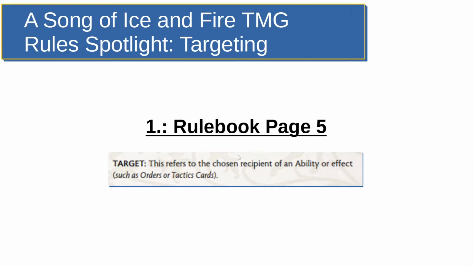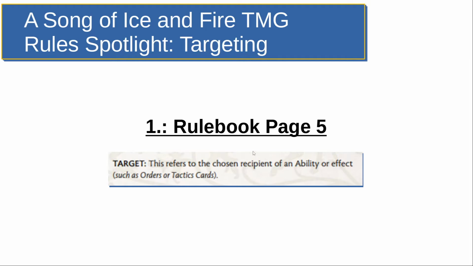So there has to be some kind of choice involved in who is receiving this effect. This is the basic rule for targeting. It's mostly orders and tactics cards, but there could be NCU effects or abilities targeting units and similar things.